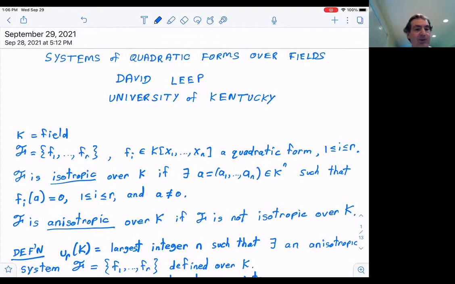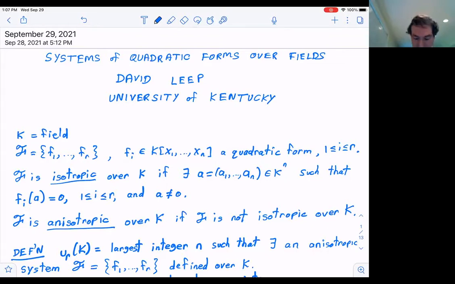We say that the system F is isotropic over K if there's a vector A in K^n such that A is a 0 of each of the quadratic forms and A is non-zero. The 0 vector is always a trivial 0. So when we talk about isotropic, we always mean a non-trivial 0. And a system of quadratic forms is anisotropic over K if F is not isotropic. So the only 0 is the trivial 0.